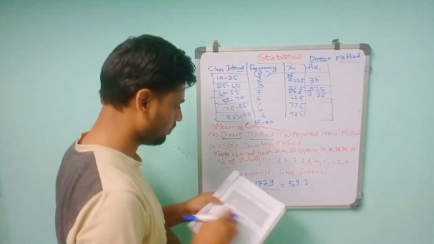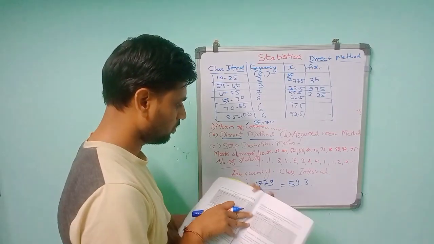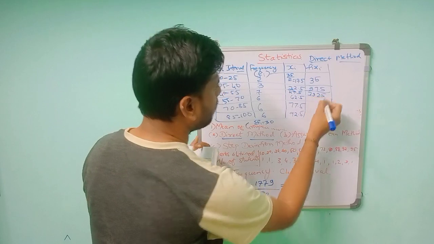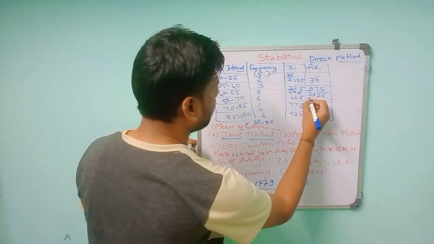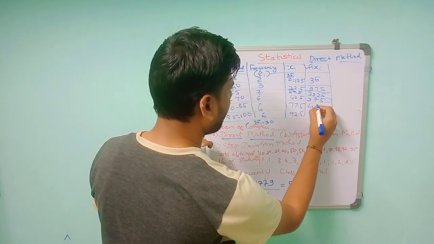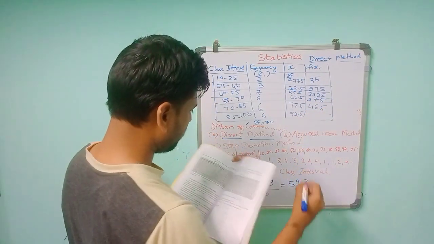I will check the values. So the next one is 332.5. Then 375, then 465, and the last one 555.